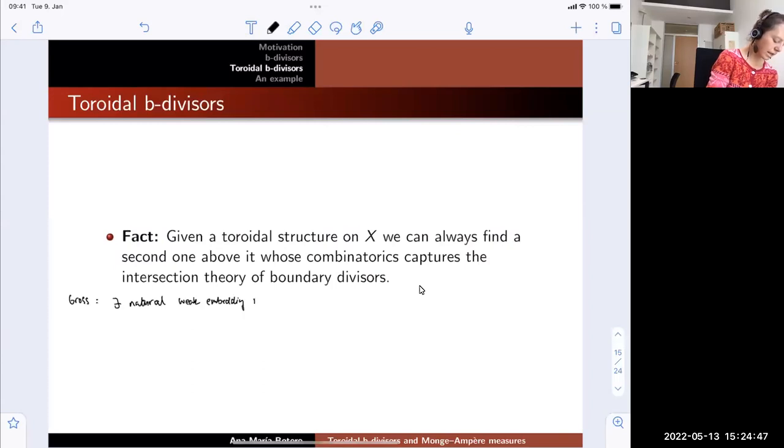This is just a map from your conical polyhedral complex to some canonically defined vector space, and this is such that the restriction to each of the cones is linear. And here, through this embedding, you can then define a balancing condition.